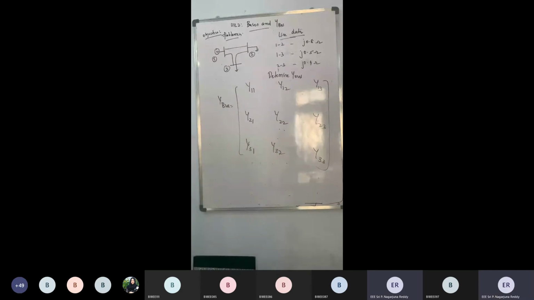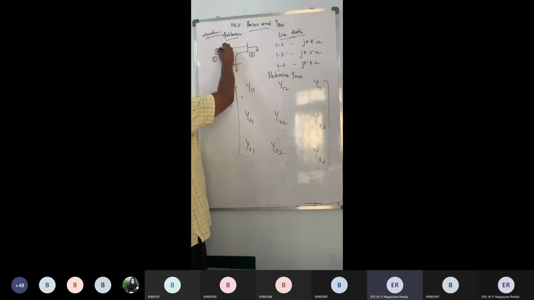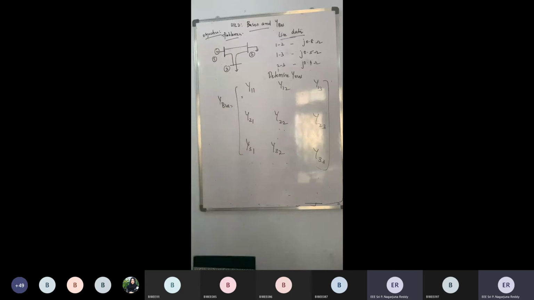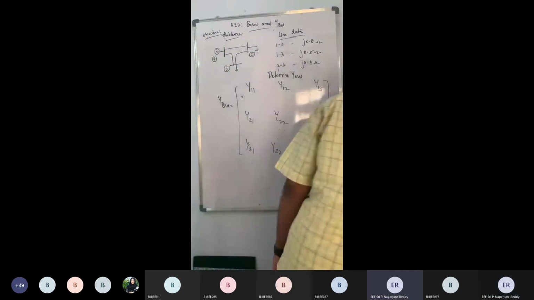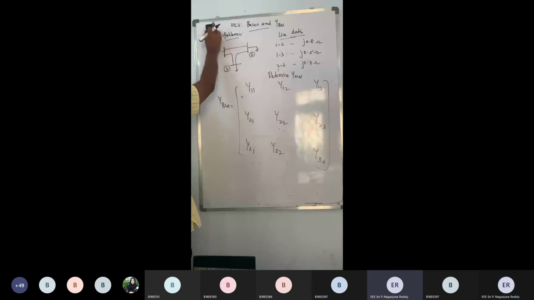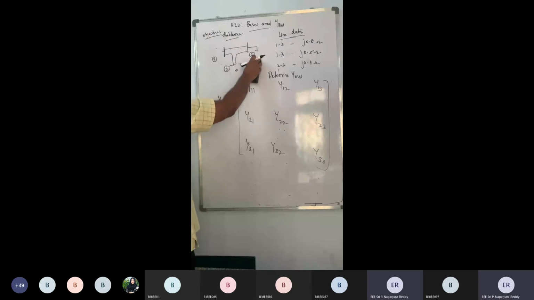First of all, we will find Y11. Y11 is nothing but the summation of all elements connected to that particular bus, isn't it? We are more bothered about line data only, because only line data has been given for us, so I am not considering the element details.